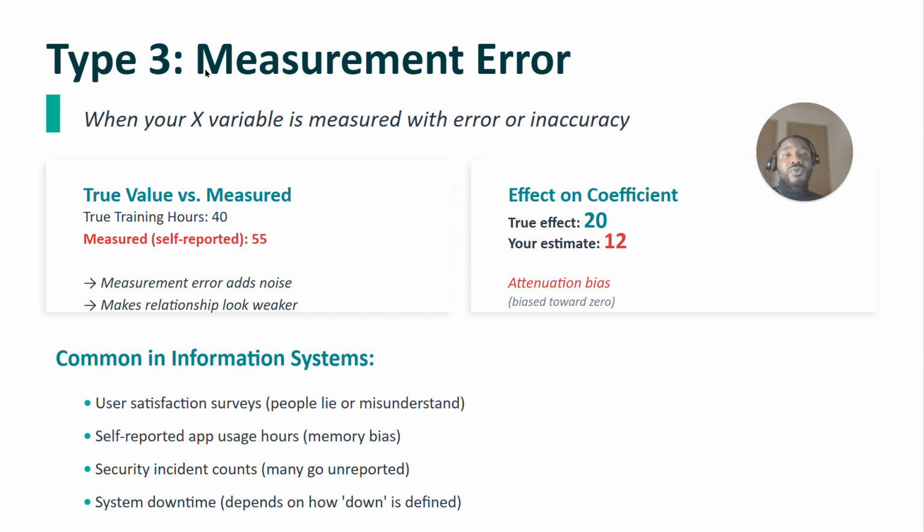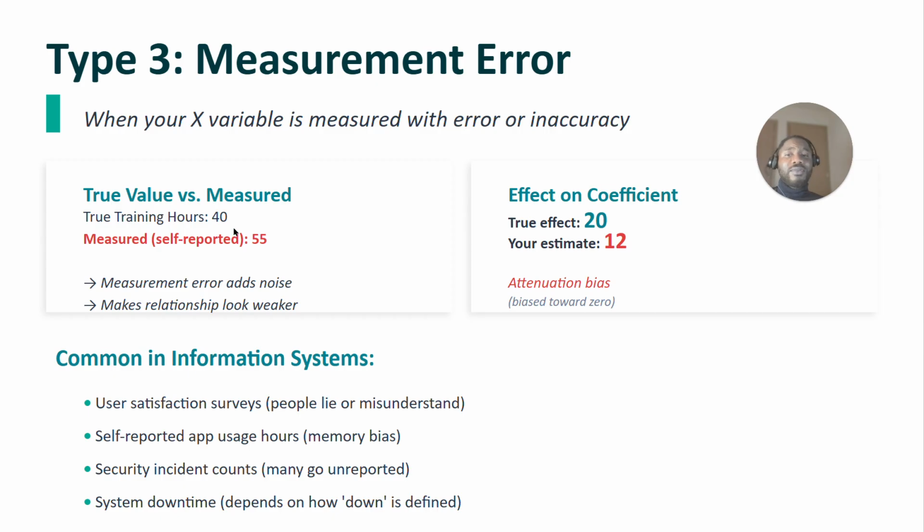The true training hours might be 40, but if you're using self-reported data, people might say 50. There's already a measurement error. They are misremembering, exaggerating, or genuinely confused about what counts as training.